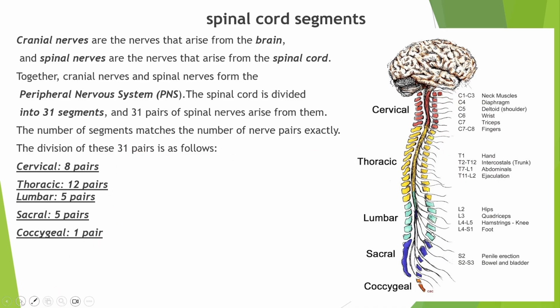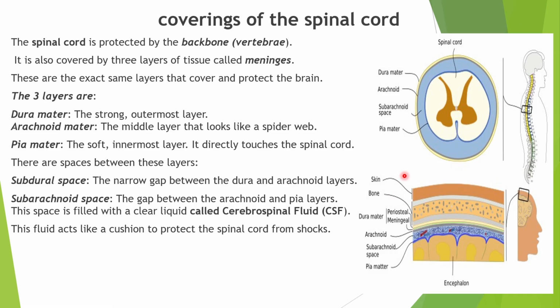So coming to next, covering of the spinal cord. The spinal cord is protected by the vertebrae, and it is also covered by layers. This one is the spinal cord, protected by the vertebrae, and the spinal cord is also protected by three layers of tissue, which are known as the meninges.